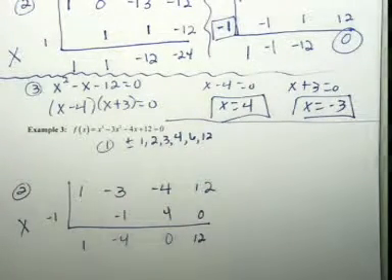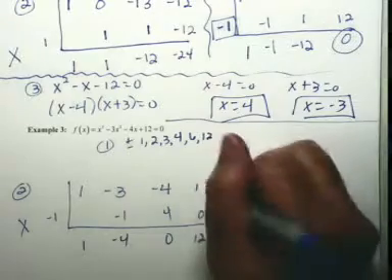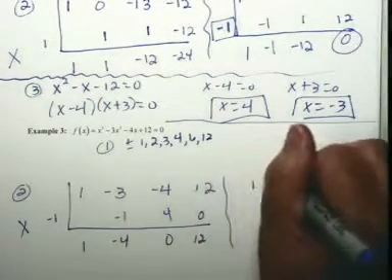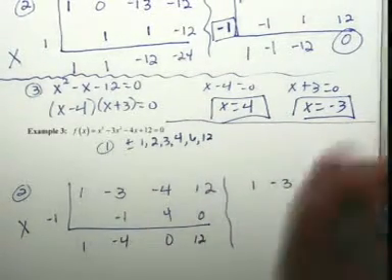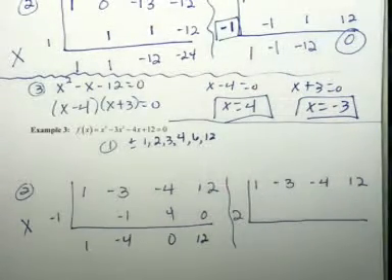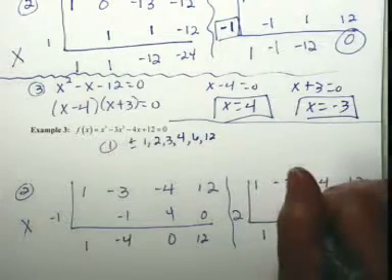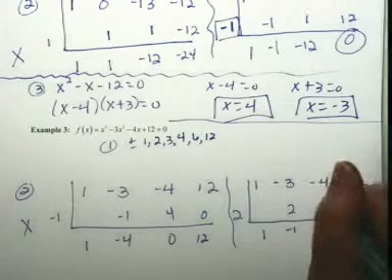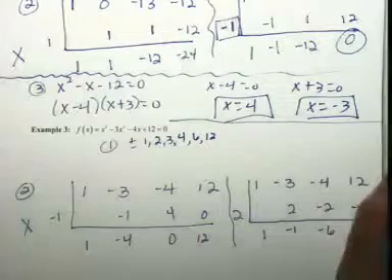Negative 1's not a solution. Then 1, 2, negative 1, 2, negative 6.